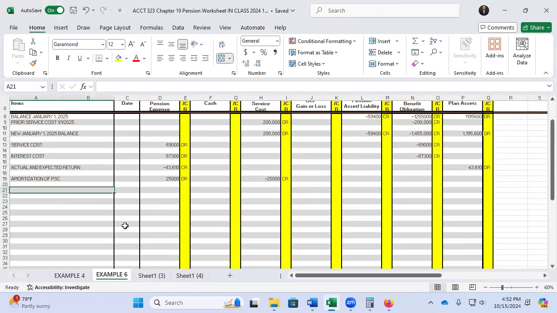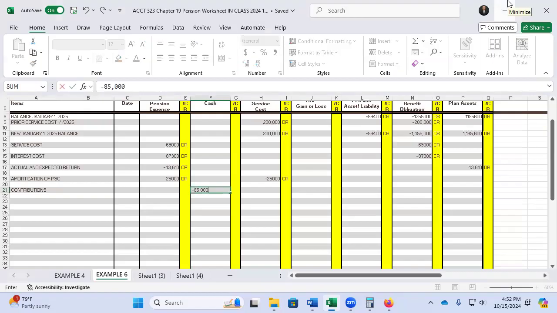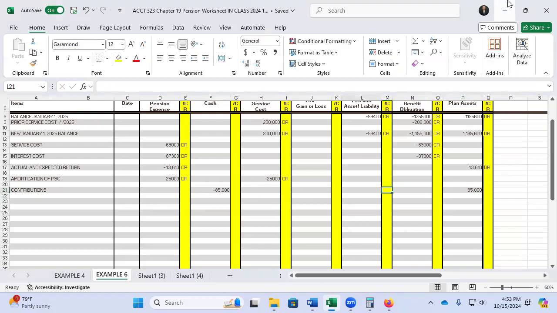Then we have our contributions. Remember that reduces our cash by 85,000. And it increases plan assets by 85,000. So that's our debit. And then we have benefits paid.